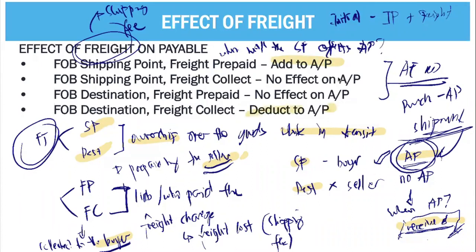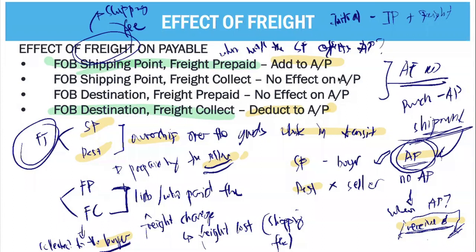So when does it affect your accounts payable? Two items only, or two instances. FOB shipping point freight prepaid, FOB destination freight collect. Remember that. When does your shipping fee affect accounts payable? Two items only.